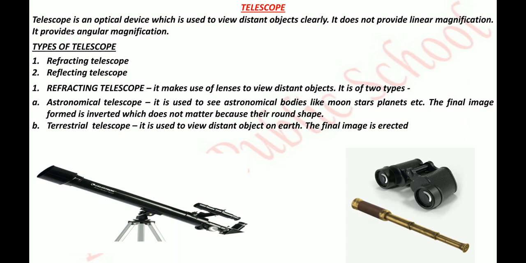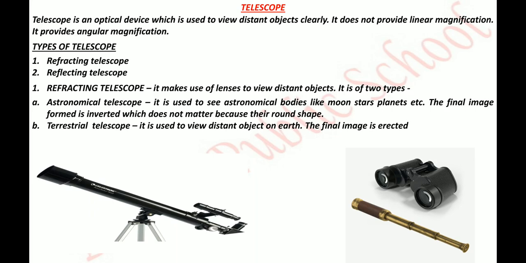It is used to see astronomical bodies like the moon, stars, planets, etc. The final image formed is inverted, which does not matter because they are round in shape, so when the image is inverted it doesn't make a difference.